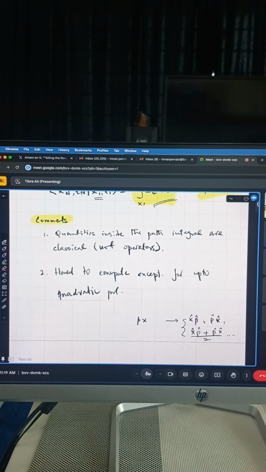However, even though we cannot have the path integral for most systems, it gives us an insight into a new formulation of quantum field theory.